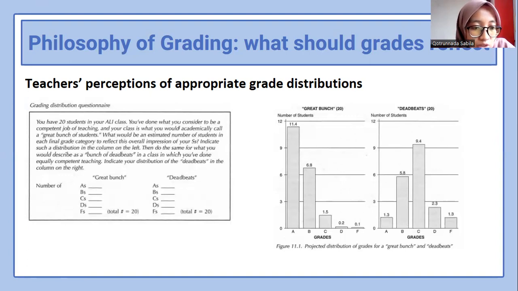And the second, teachers all agreed they were guilty of grade inflation at the ALI. Their good nature and empathy for students predisposed them toward assigning grades that were higher than ALI standards and expectations.